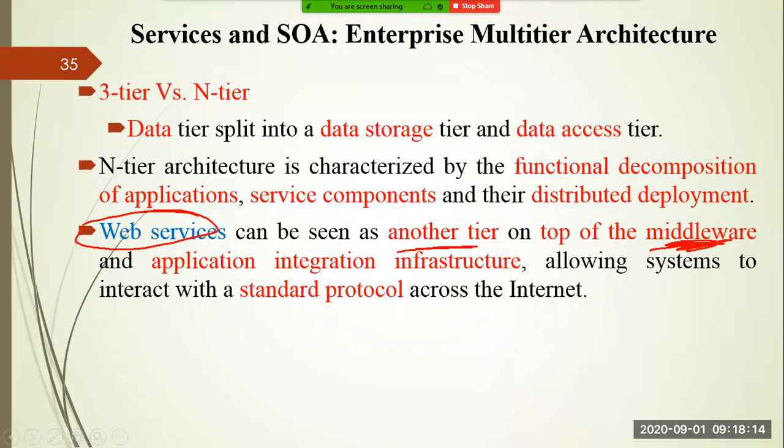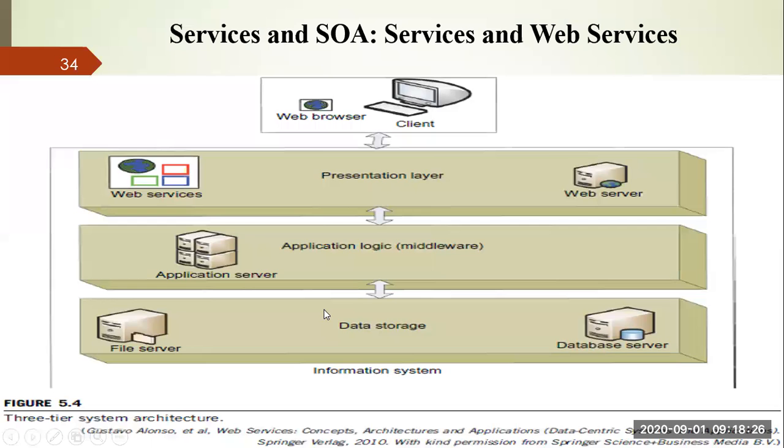You know that application logic is the middleware. So on top of the middleware, I can create a web service layer and application integration infrastructure, allowing systems to interact with standard protocols across the internet. If you separate it, it may be above the web server also, right? So in this case, they are saying that on top of the application logic, you may have a web service layer, right?